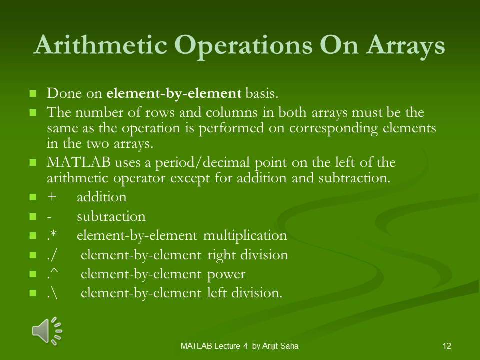So if we want matrix elements to be multiplied by other matrix elements, then we have to use dot star, otherwise it will be a matrix multiplication. Similarly for division, exponentiation, everything.